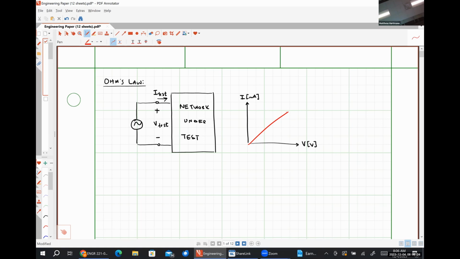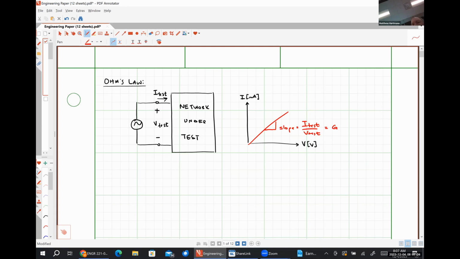And he describes this linear relationship as resistance if we look at it in one way, and conductance if we look at it in a different way, right? So the slope of this line right here is the ratio I test divided by V test, and we give that special symbol G for conductance.